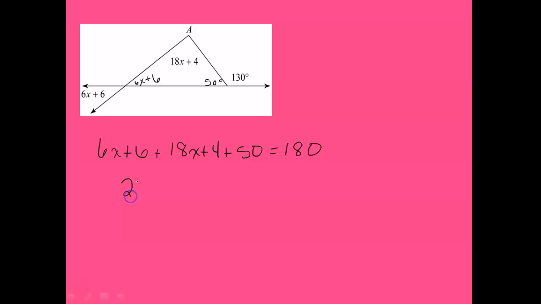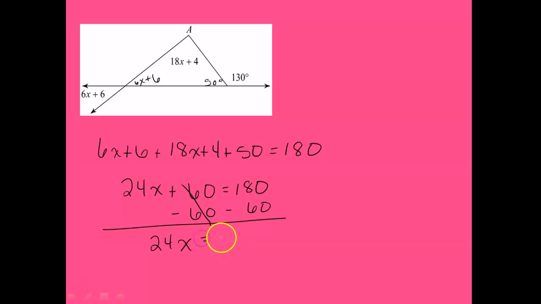So I have 24x plus 54, 60 equals 180. I subtract 60 from both sides. 24x equals 120. Divide both sides by 24. And x, 120 divided by 24 is 5.